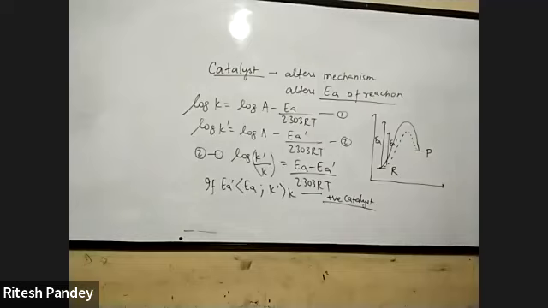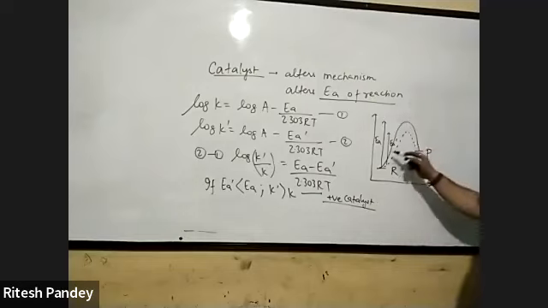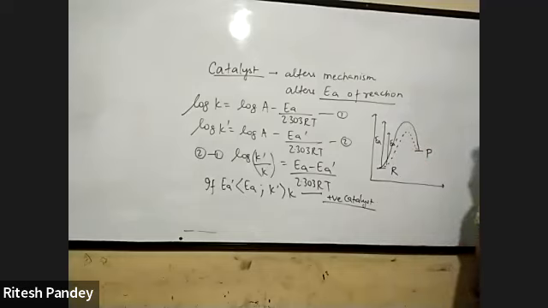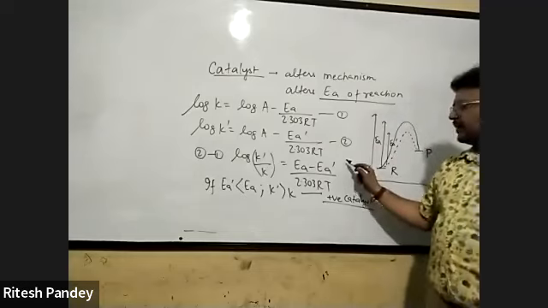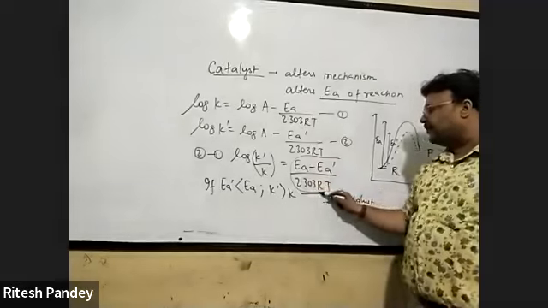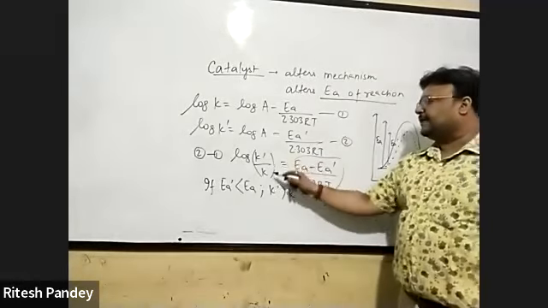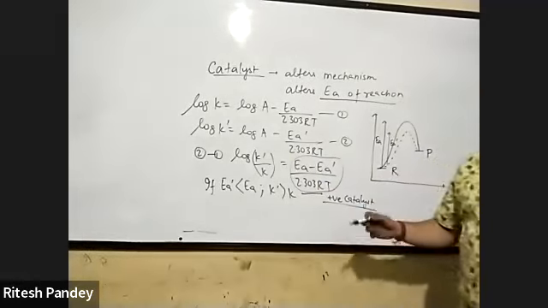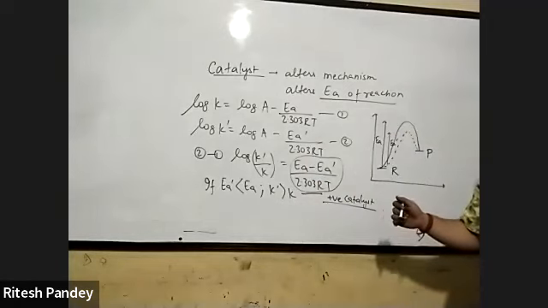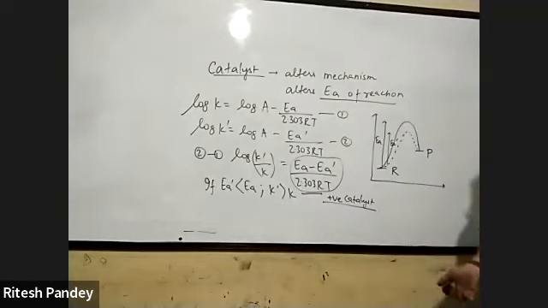What does a catalyst do? A catalyst changes the activation energy, changes the mechanism, for good. If it changes it for good, means if EA prime is less than EA, mathematically you see EA prime less than EA would mean all of this is positive and K prime is more than K. So K prime is more than K would mean the catalyzed process is faster.